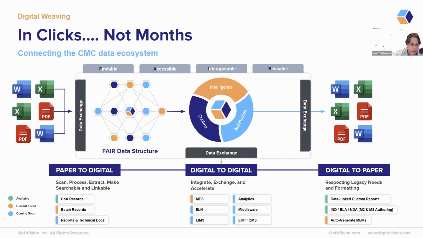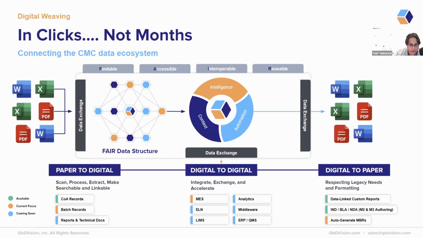Similarly, if you have primary data in other solutions such as ELN or LIMS, or you want to push our structured data into an MES implementation, we have data exchange technologies for that. And similarly, we have built some very robust data exchange tools to create what we call data link custom reports. So you can build a report within our platform, but link it to the data in our database, so it's automatically generating this report without you having to manually retype all this information.